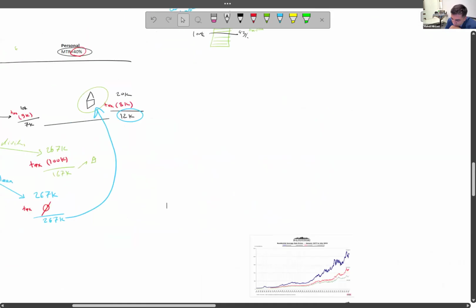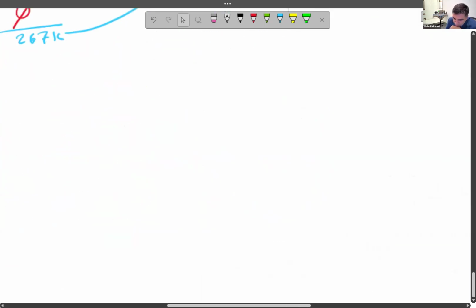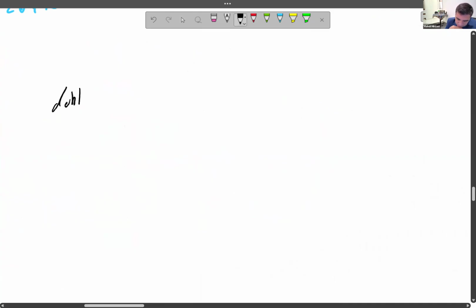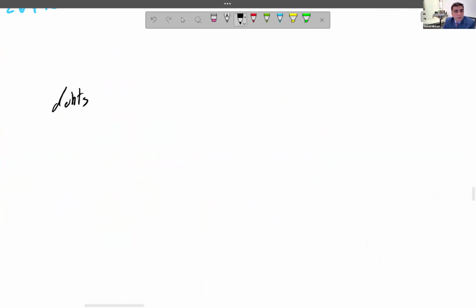So before I jump into the conversation, I'd like to talk about debts. There are some points about the debts that are very, very important. First thing, which is the most important one, debt is always tax-free.